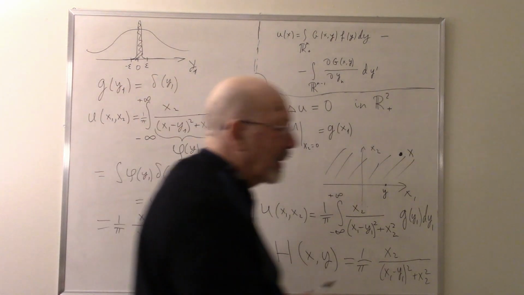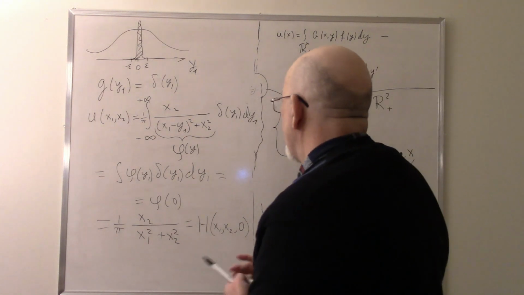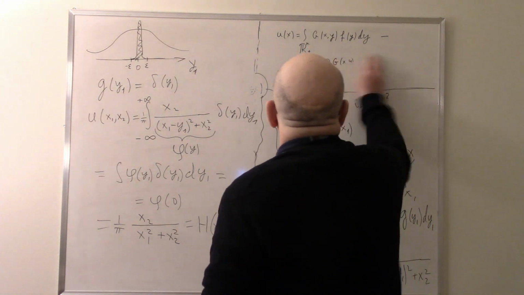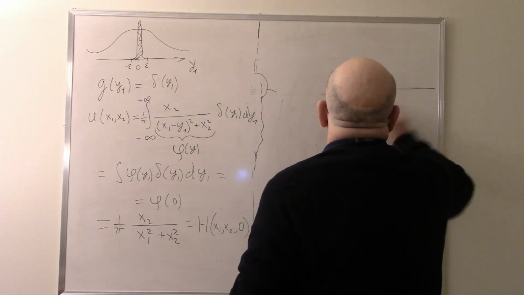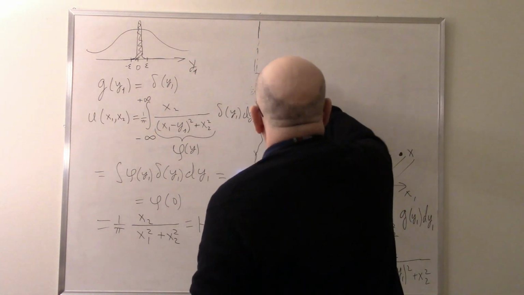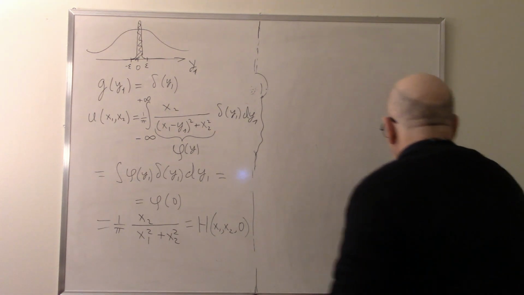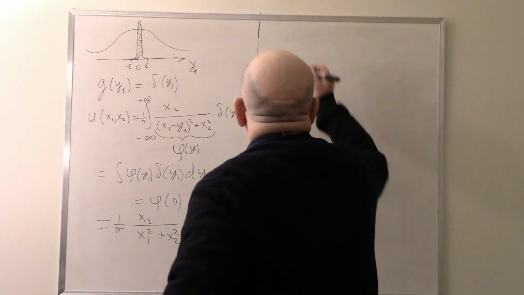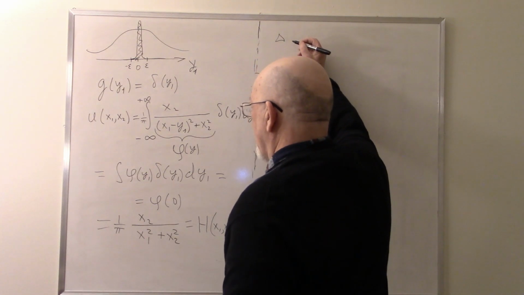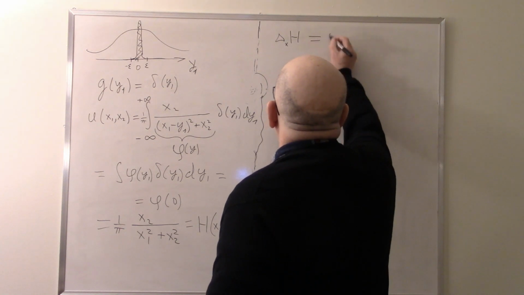First of all, this function is harmonic. Delta h with respect to x equals 0.